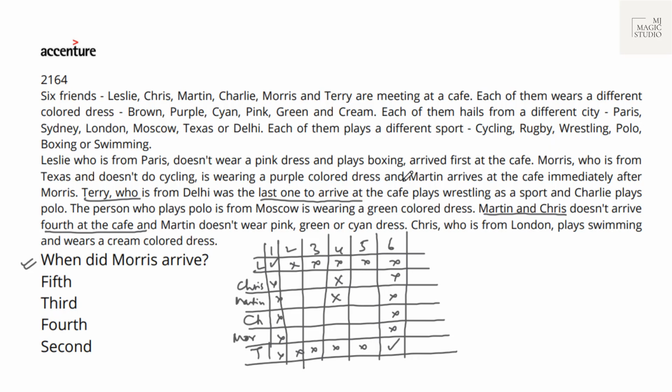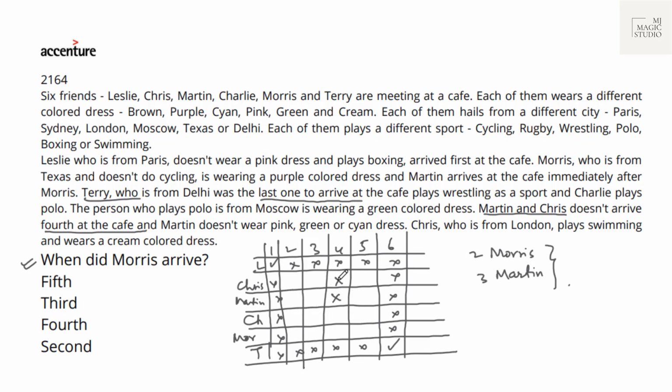And here, Martin arrives immediately after Morris. That means Morris comes first and then we will have Martin together. So which two are empty? 2, 3 are empty. They can go for 2, 3.